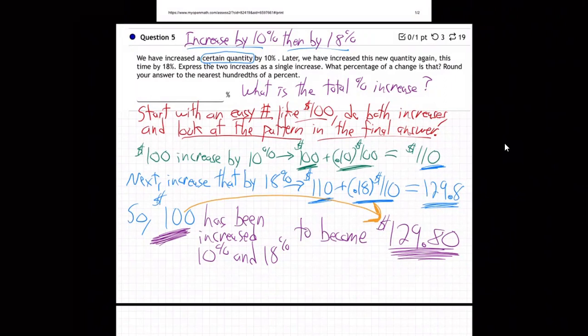How much did it go up by? It increased by the $29.80, right? The 100 became the 129.80. So it increased by $29.80. What percentage is that?